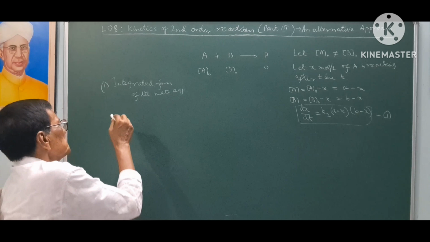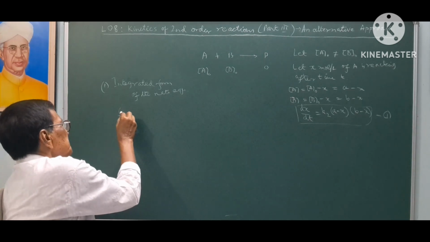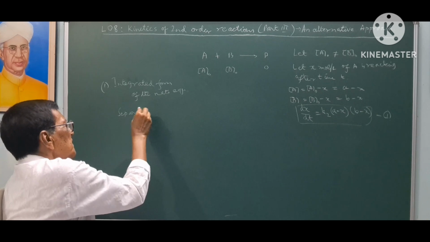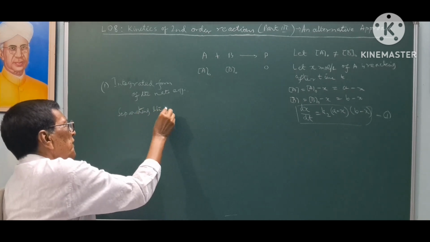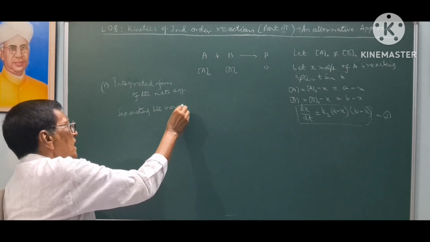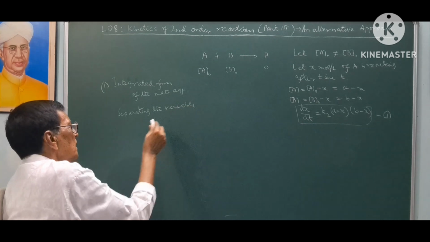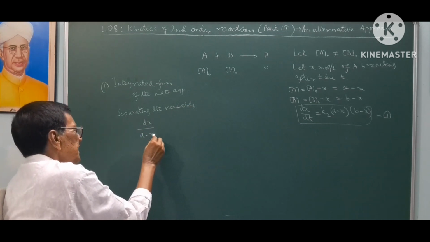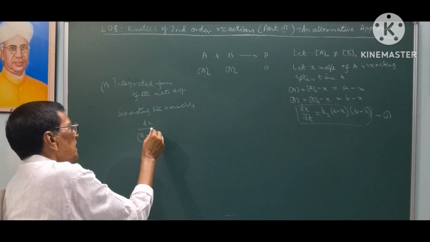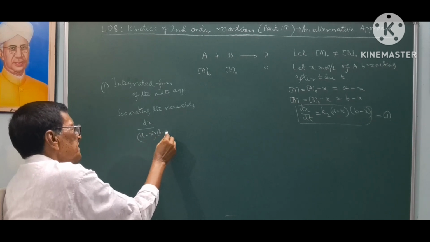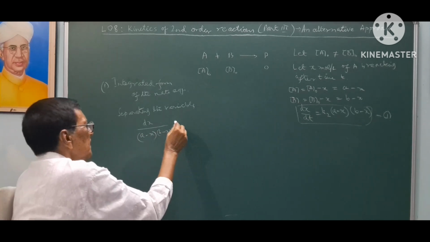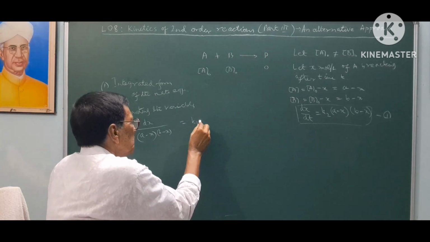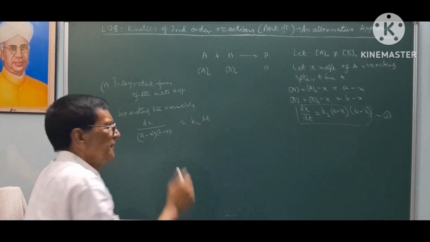First we shall have to separate the variables: dx divided by (A minus x) into (B minus x) equals k2 into dt.